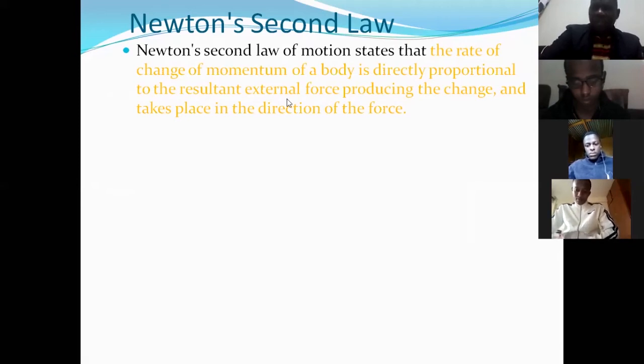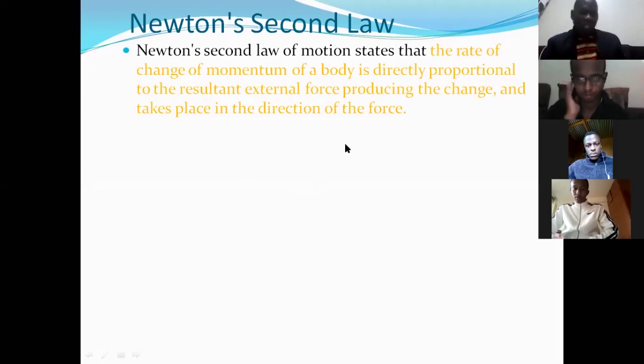Our body was moving, but now there was an external force that caused a change in momentum. So Newton's second law states that the rate of change of momentum of a body is directly proportional to the resultant external force. So this resultant external force is what has caused the change in momentum. And the change takes place in the direction of the force.